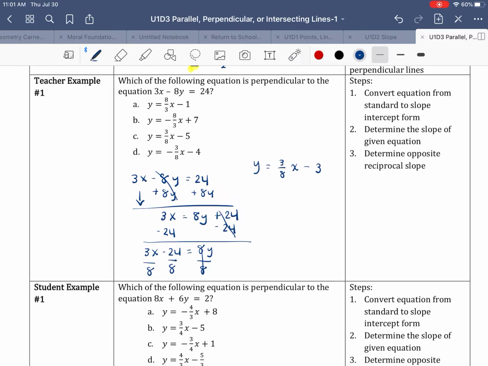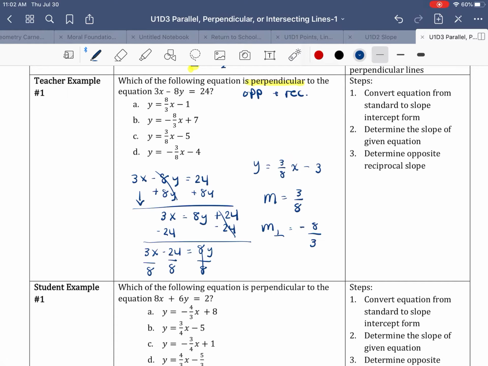Now, once we have it in slope-intercept form, we can recognize that the slope here is 3 over 8. Because we want what is perpendicular, we know that we're looking for the opposite and reciprocal slopes. Opposite meaning I'm going to change the sign, reciprocal meaning I'm going to flip the fraction. So my perpendicular slope here is going to go from a positive to a negative, and then my 8 will be the numerator and 3 will be the denominator.